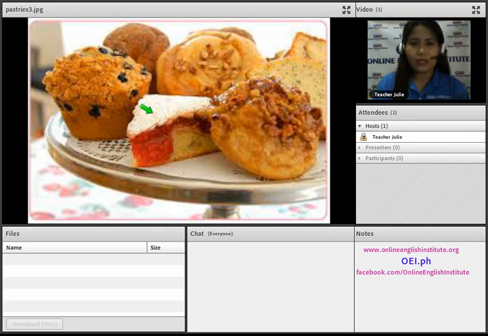Now, these different kinds of breads are grouped together. What do you think is this group of bread being called? No idea?